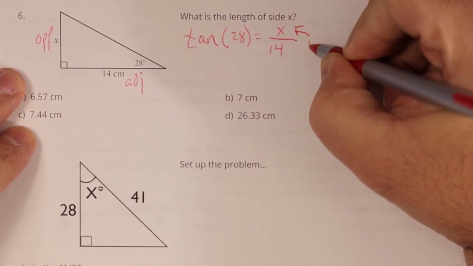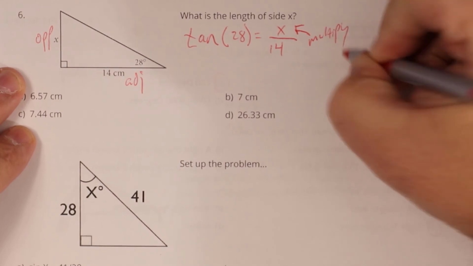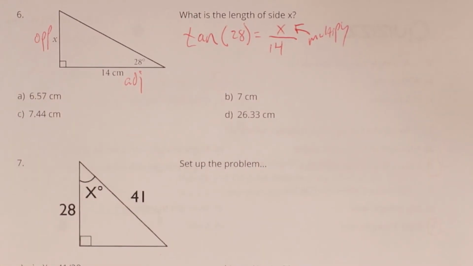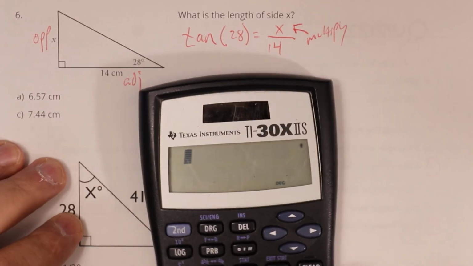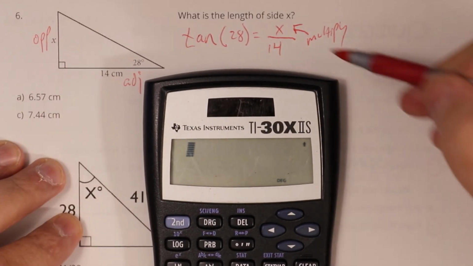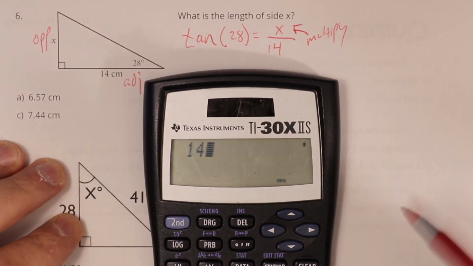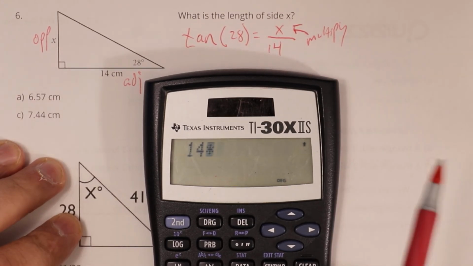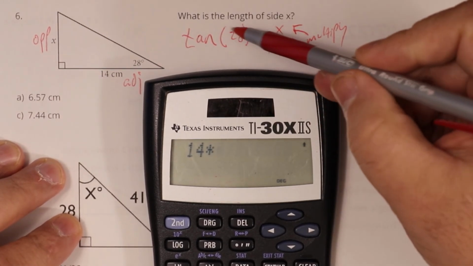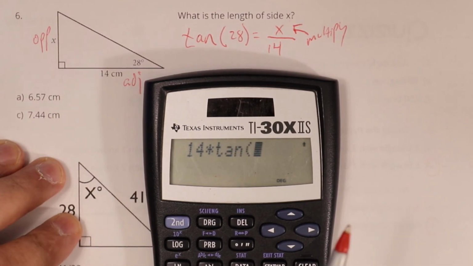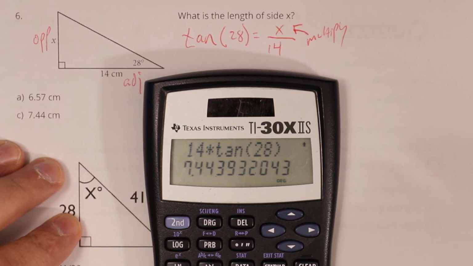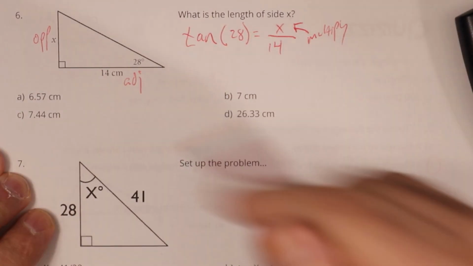X is on the top, so we're going to multiply. That's enough to get me to my calculator. The number from the fraction, multiply because x is on top, and then everything from here, tangent of 28. And I get 7.44, that's over here, that's C.